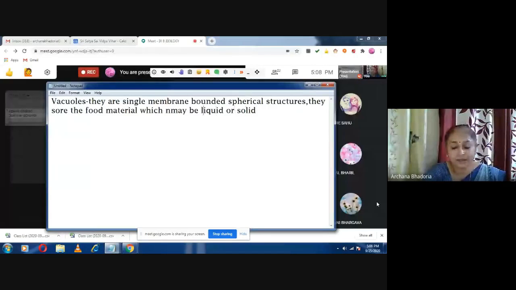Vacuoles you find mainly present in the plant cells. They are bigger in size and lesser in number in the case of plant cell, and they are smaller in size and more in number in the animal cell. You can note down, children, they are of bigger size and fewer in the plant cells.